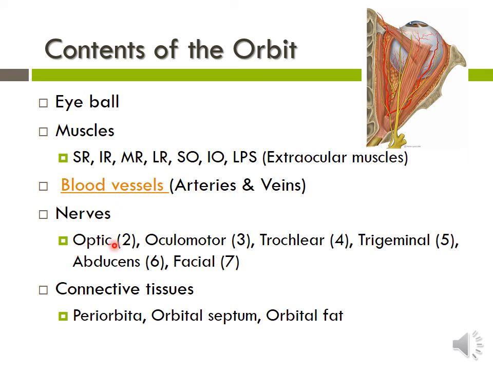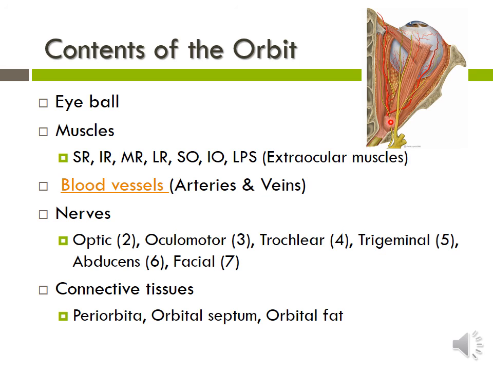And of course the optic nerve. We cannot see the optic nerve here because it is underneath the superior rectus. The optic nerve goes out of the eyeball. Then the oculomotor nerve, trochlear nerve, trigeminal nerve, abducens nerve, and facial nerve. These many different nerves are also coming into the eyeball.